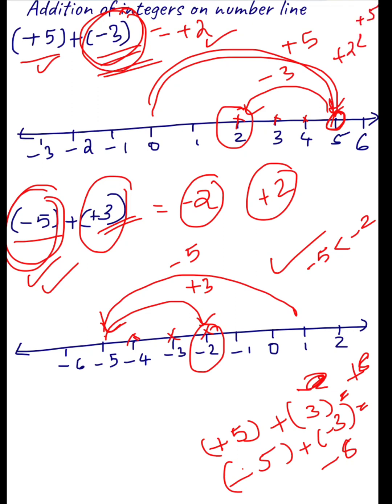So the resultant integer will be less than the given integer if you are adding a negative integer, and the resultant integer will be greater than the given number if you are adding a positive integer. Okay, all those things you have to consider while adding two integers on a number line. So that's all about addition of integers on the number line.